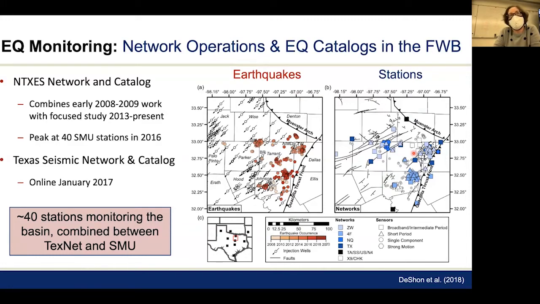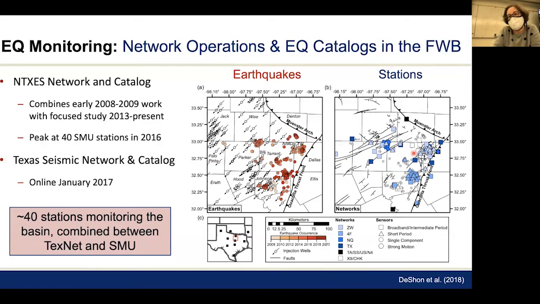Because we were monitoring induced earthquakes, and because three of the SMU faculty members were tied to IRIS, we telemetered our data in real time from the moment we put a station in the ground, and let anyone use the data as soon as we collected it. We never kept any of it proprietary.